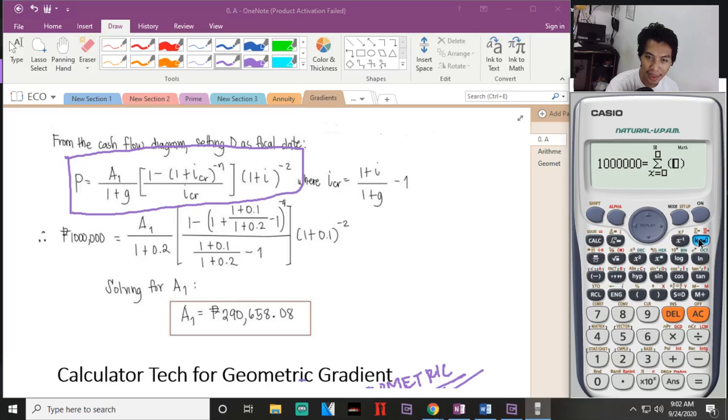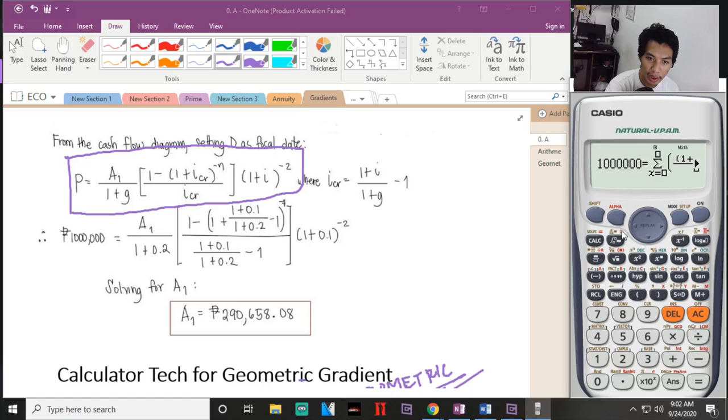Shift, pwede pa rin natin gamitin. Kayo naman, kinabahan kayo kagad. Alpha x natin to si A. Hindi natin alam. Multiply. 1 plus 0.2. Oh, yung nagsabi mahirap. Gawin natin tong y.